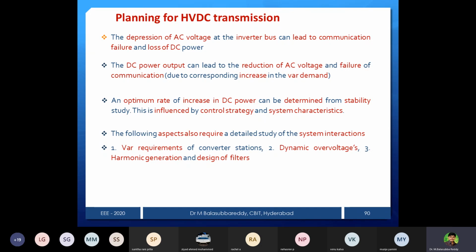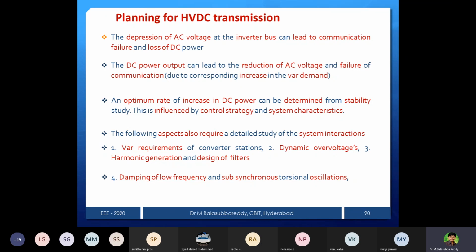So these aspects are also required in the detailed study of the system interactions. So when the two systems are interconnecting, you need to consider the VAR requirement of the converter station, overvoltages as well as the harmonic generation, and that leads to a filtering requirement also. So the design of filters we also need to consider.